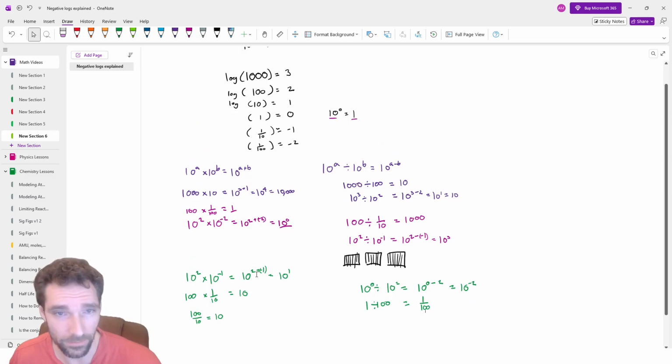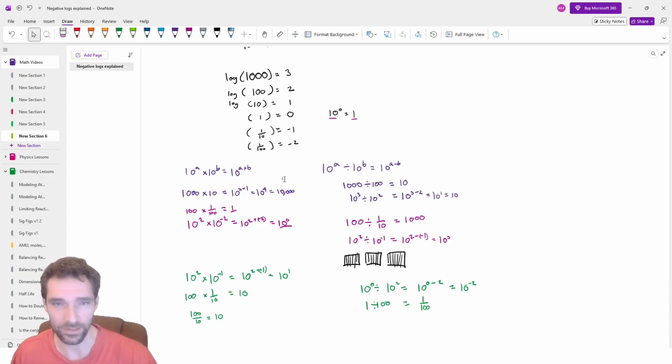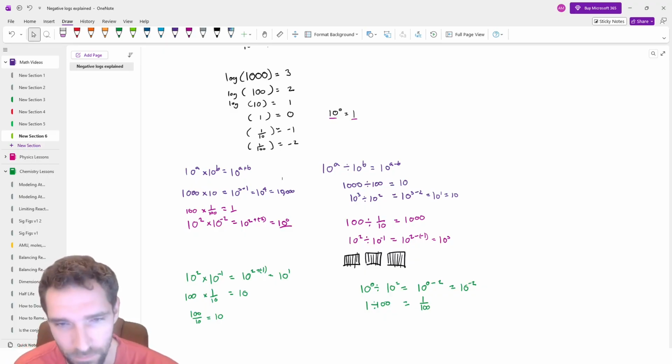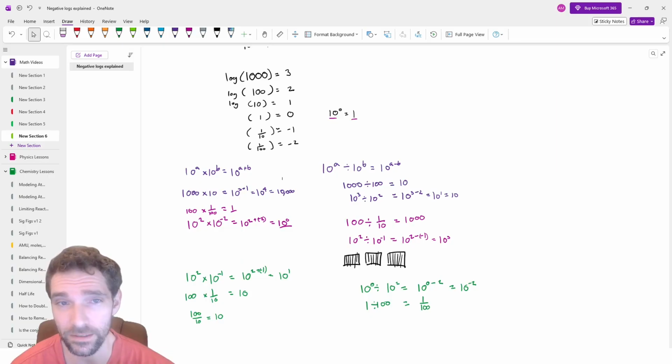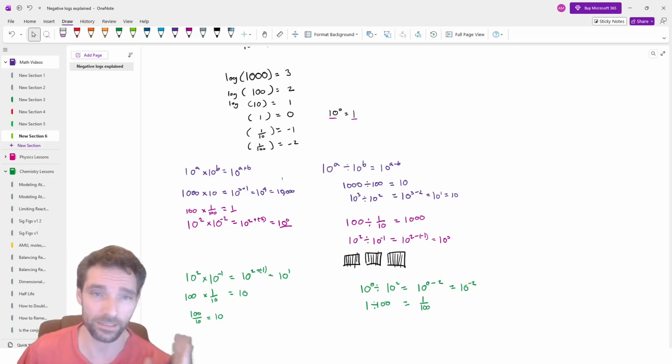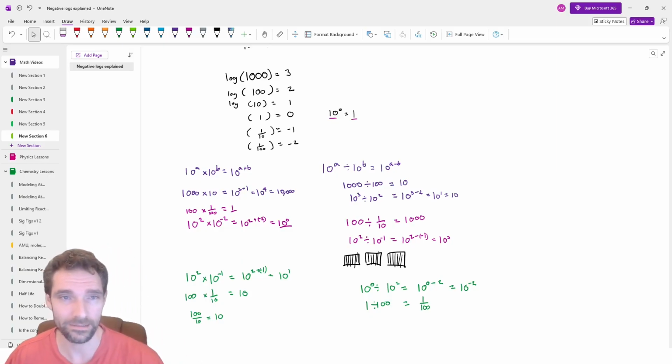So there's a ton of different ways that we can do this with example problems, but just practicing your tens, hundreds, thousands, and relating them to the negative values and these operations, in my opinion, is probably one of the best things that you can do, building familiarity with logarithms and negative logarithms. We are talking about in this context log 10, just to keep things relatively simple.